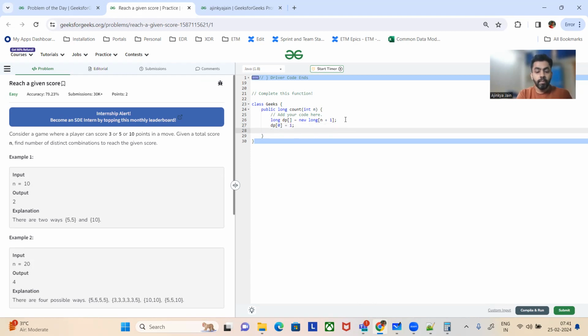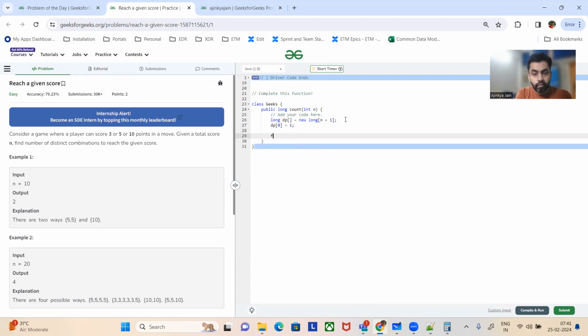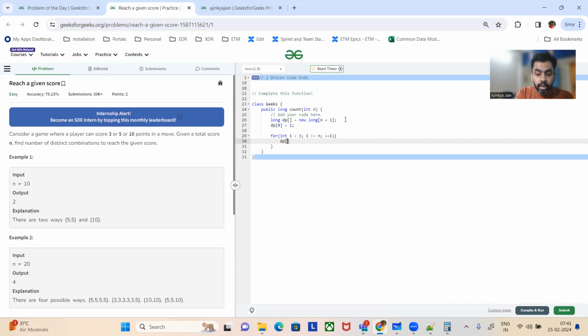Now first we are going to solve for score equal to 3. So we'll start I from 3, I less than or equal to n, I plus plus. What is the formula? dp of I plus equal to dp of I minus 3. So here we have the state of dp with score 3.